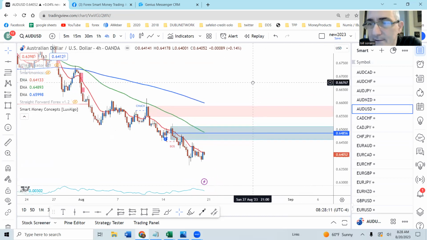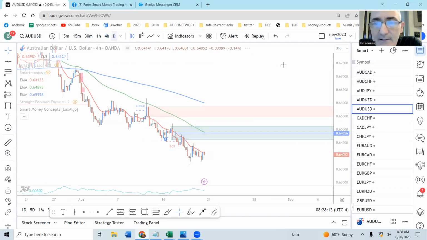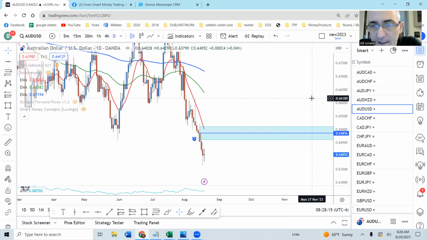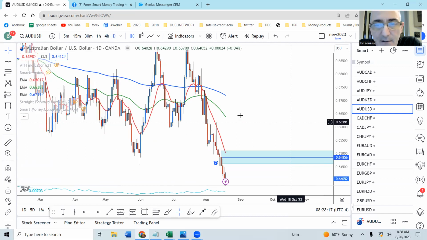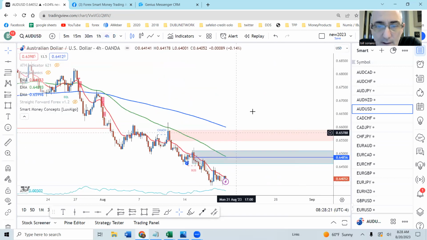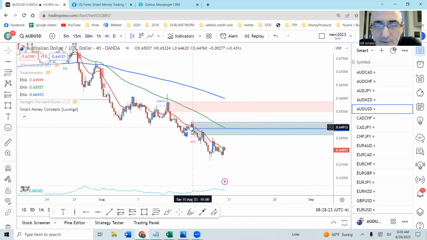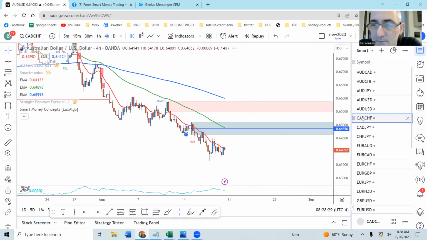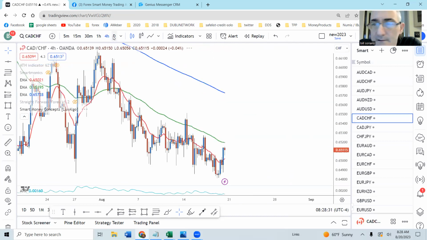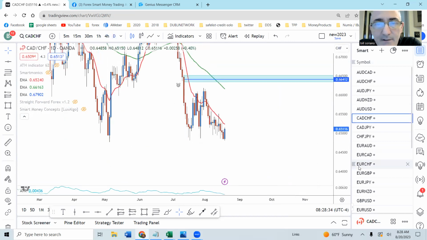going with the trend. Okay, so on the daily chart, we are looking at this. This is bearish on the daily chart. And we do have this order block right here, which is still valid. So we're still going to trade from that order block that's already set. Daily chart here on CADCHF is bearish.